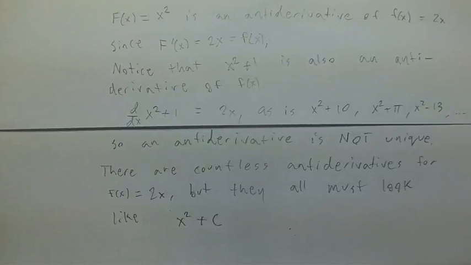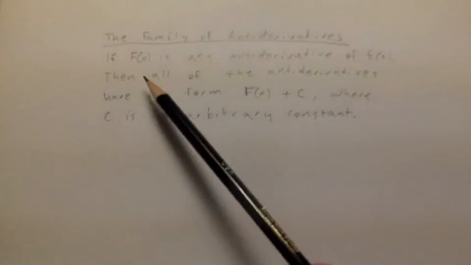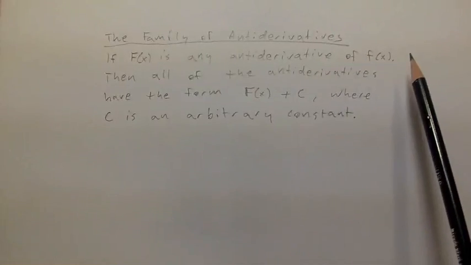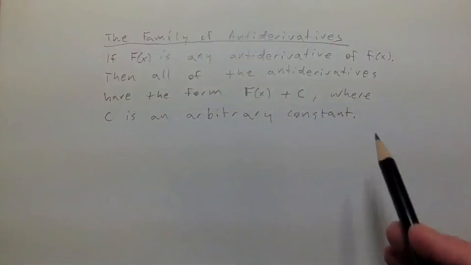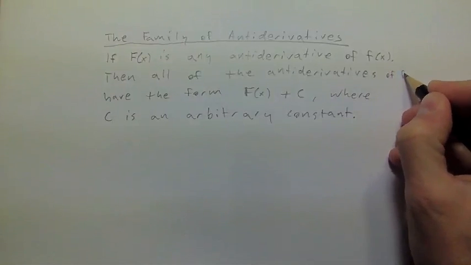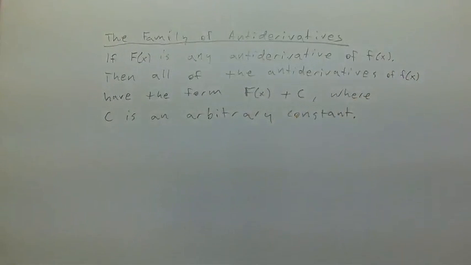So this brings us to what I like to call the family of antiderivatives. If capital F of x is any antiderivative of little f of x, then all of the antiderivatives of little f have the form capital F of x plus c, where c is an arbitrary constant.